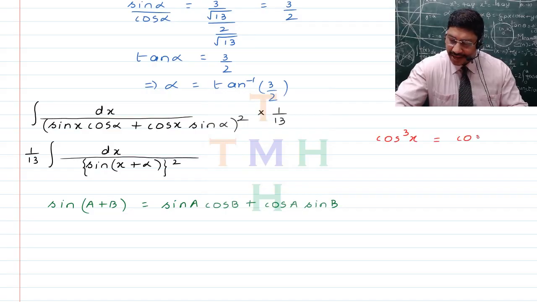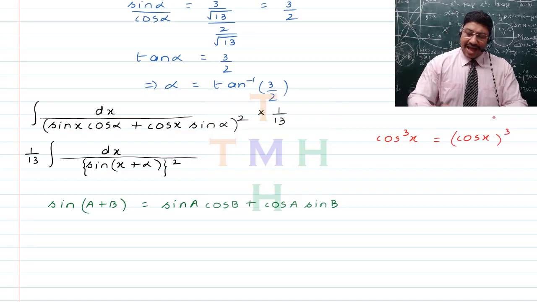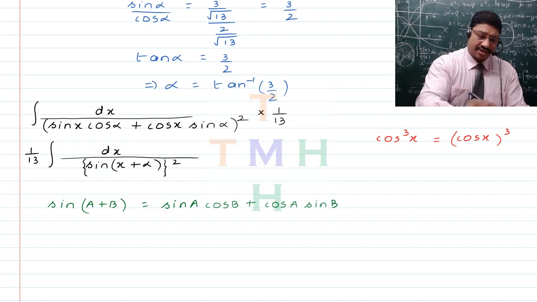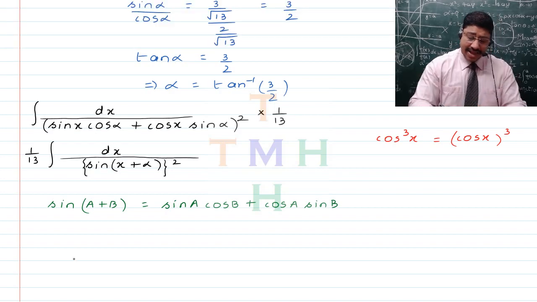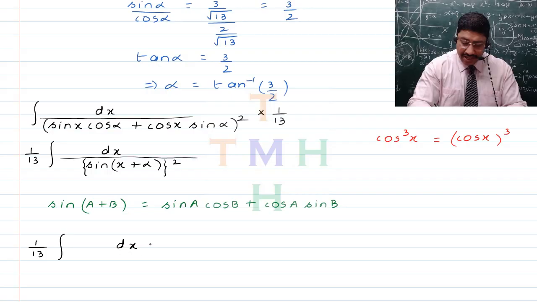Now remember, if you talk about something like cos cube x, then that can even be written like cos x whole raised to the power 3. So as we have here sine of x plus alpha whole square, obviously this can be written as sine square x plus alpha. So we will now have 1 upon 13, which is the constant outside, times dx divided by sine square x plus alpha.